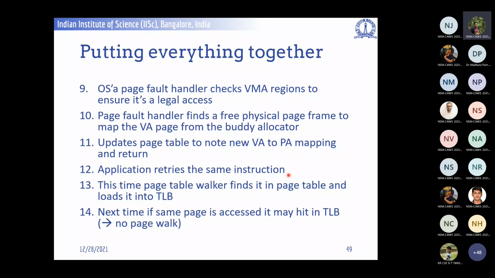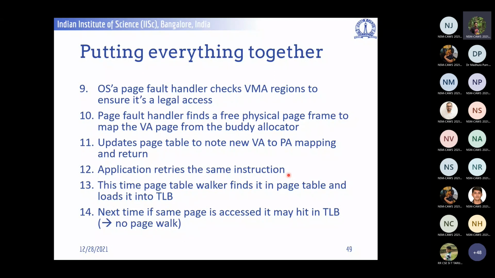Page faults are relatively infrequent compared to the running length of the application, because you generate the page fault the first time you access a page, but you will access that page millions of times. Only the first time you pay the cost of a page fault, which is called a minor page fault.